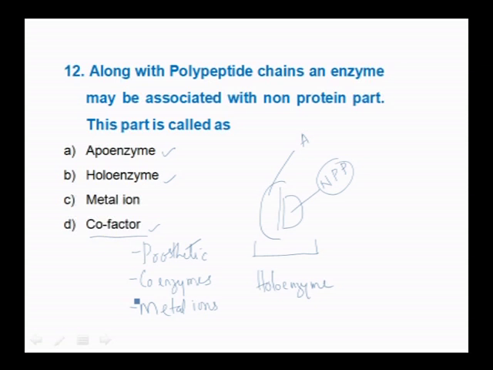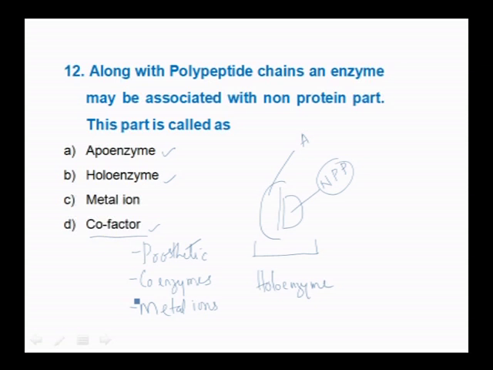Coenzymes are once again organic, but their association with the apoenzyme is transient, that is temporary, occurring only during the chemical reaction. And the third type of cofactor is the metal ion, which will be attached to the active site as well as to the substrate by forming the side chain.